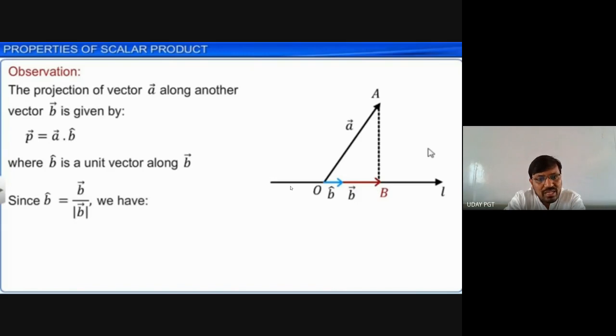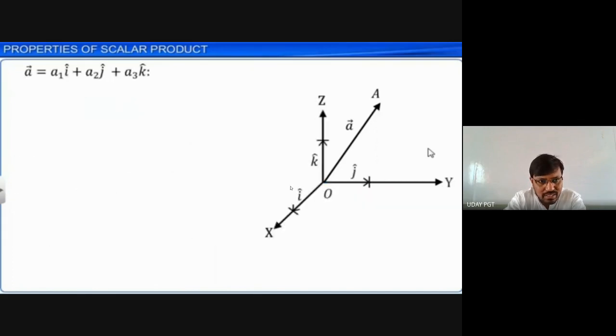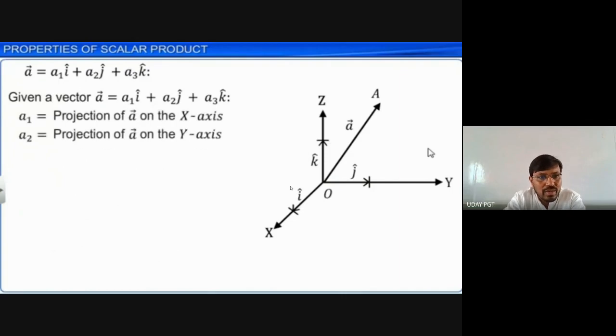B cap is a unit vector along B bar, which is nothing but B vector by magnitude of B. So the projection will be A bar dot B bar by magnitude of B. On whichever line we are projecting, that line's magnitude should be taken into consideration.